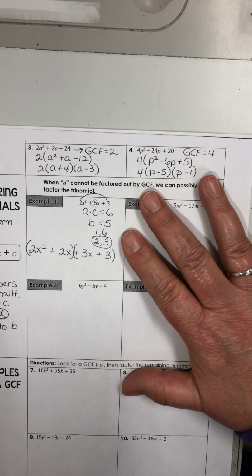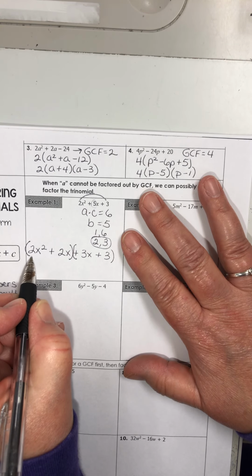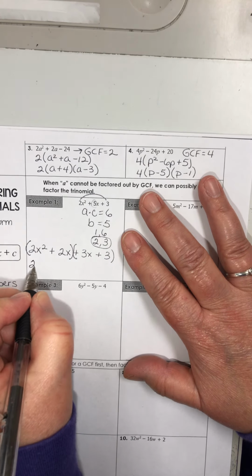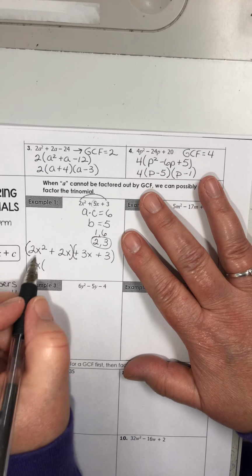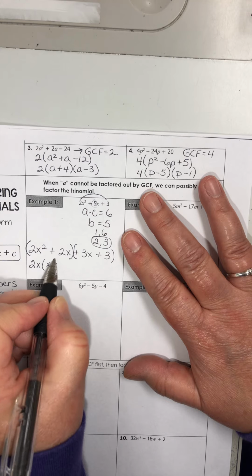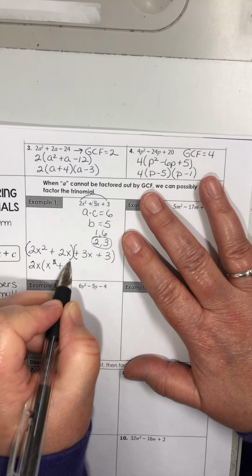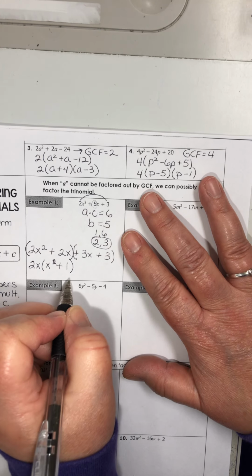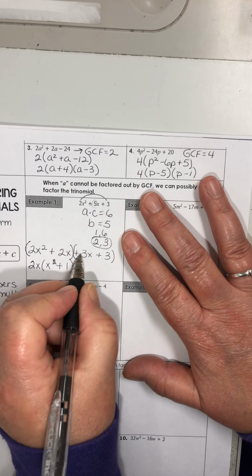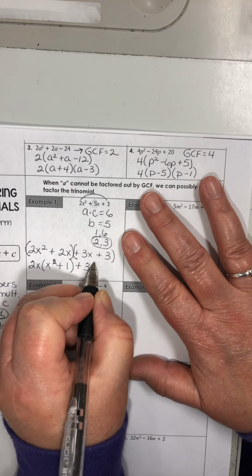Now we're going to factor out the common factors in each of those groups. It looks like we can divide out a 2x. When I divide these, I end up with x plus, and 2x divided by 2x is 1. Now we go over here and factor out a positive 3.